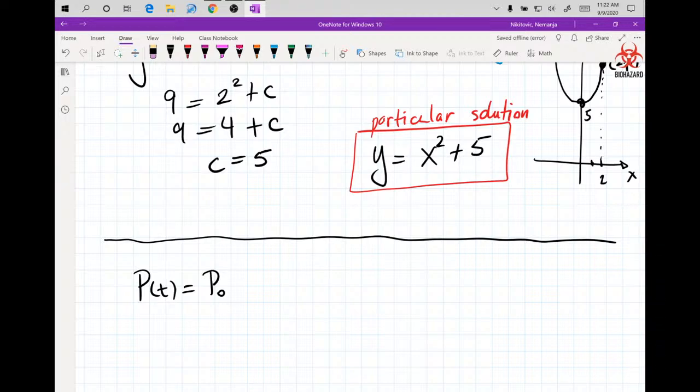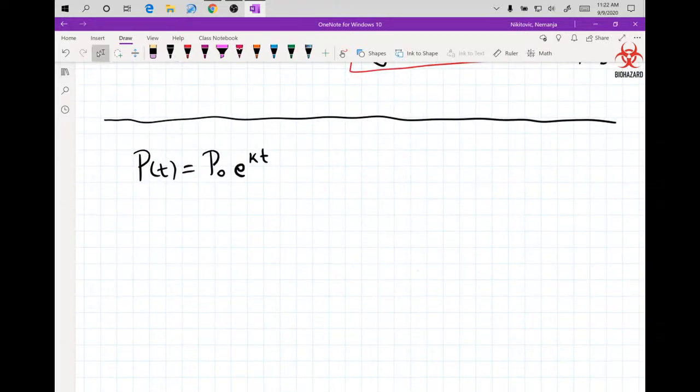All right, so P of t equals P0 e to the kt. This is our equation for population. And as I said, we airdrop 500 rabbits, or whatever, but the rabbits are easier.